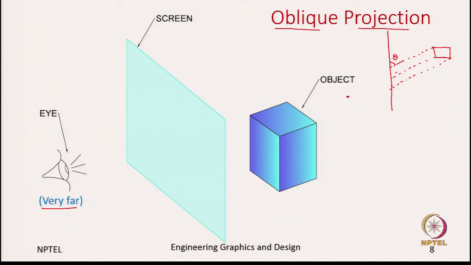What is unique about this oblique projection is, since this edge is parallel to the projection plane, even in the projection plane you will have the same length. Let us say this is the width of the object as well as the height of the object. This is the width and this is the height.